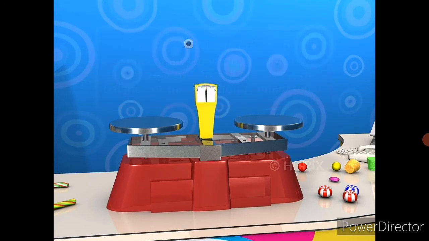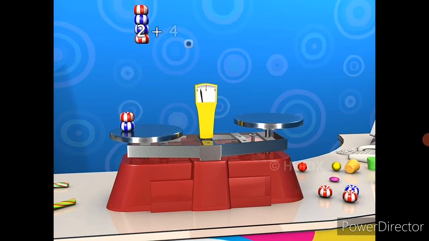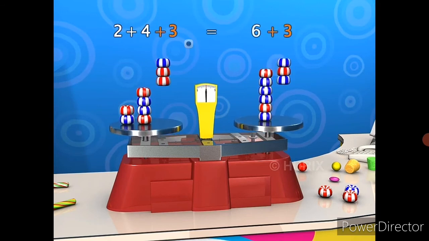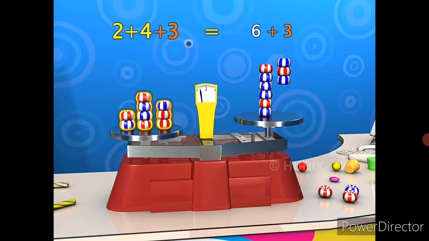For example, let us look at the equation 2 plus 4 equals 6. If we add, let's say 3 to both sides of the equation, we get 2 plus 4 plus 3 equals 6 plus 3.